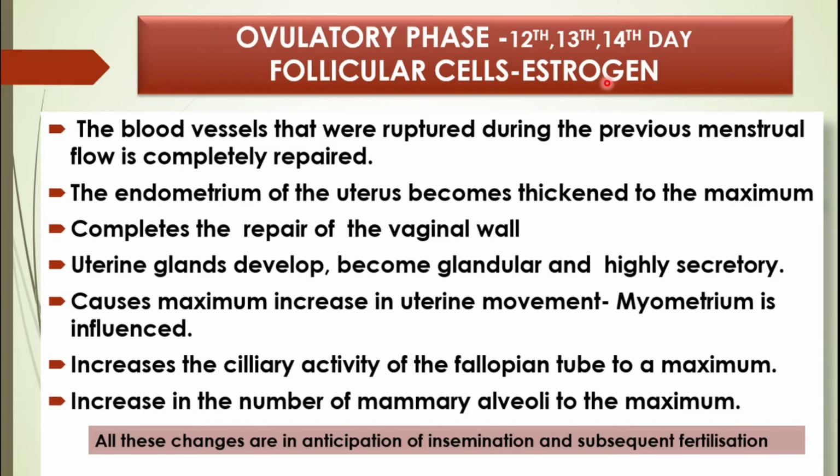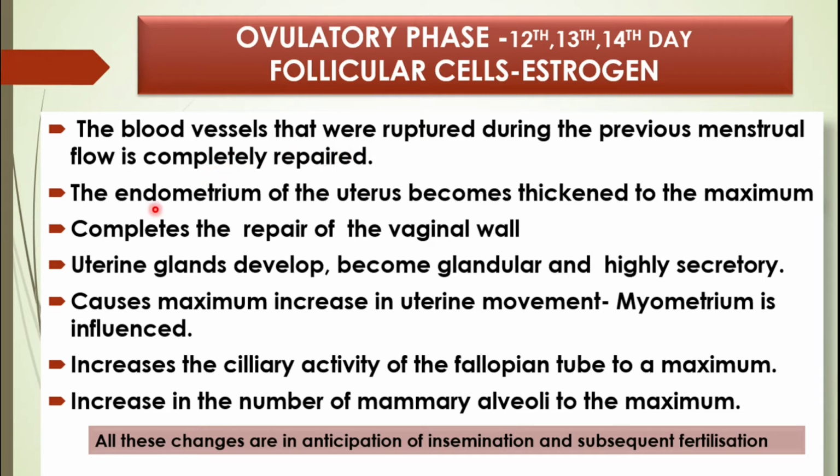And this estrogen, what happens? Under the influence of estrogen, the following changes are once again observed. The blood vessels which were ruptured, which had already started their repair, are now getting completely repaired. All the blood vessels are completely repaired.